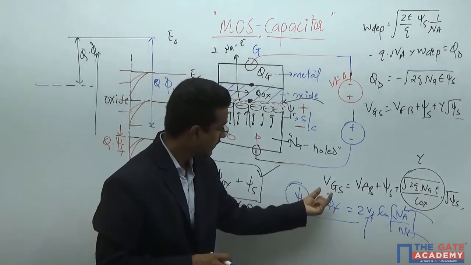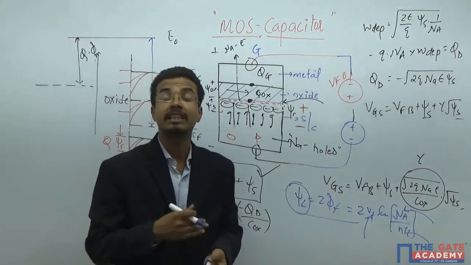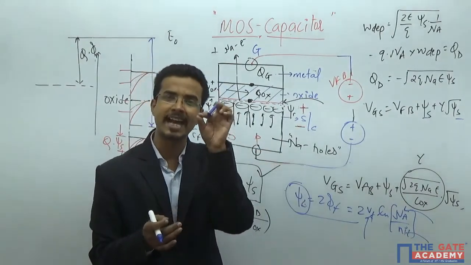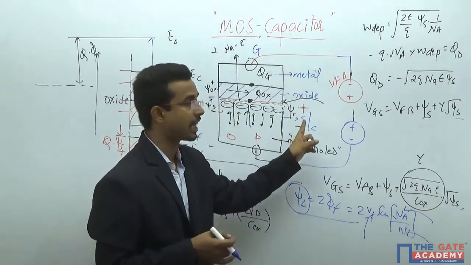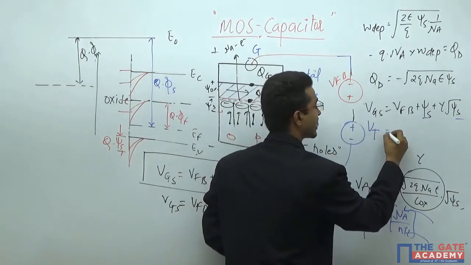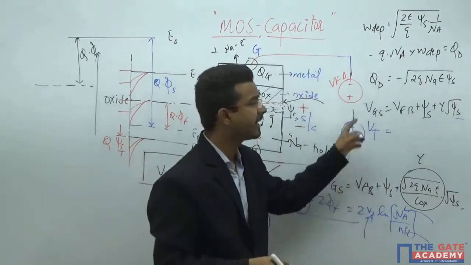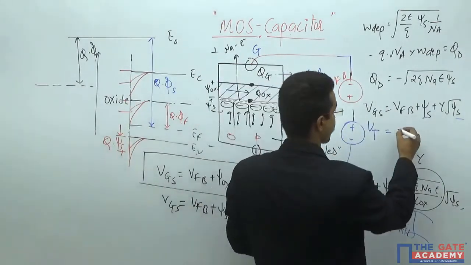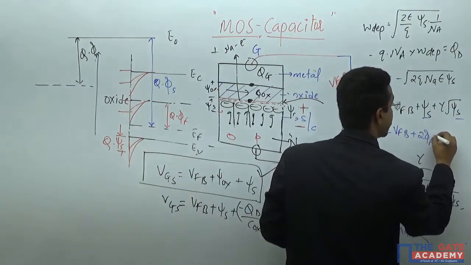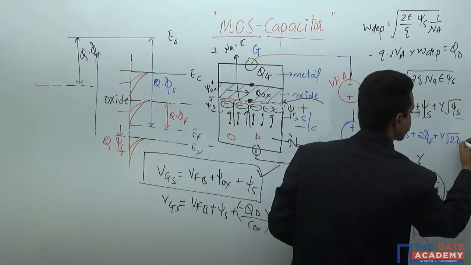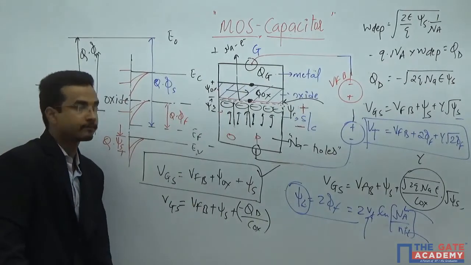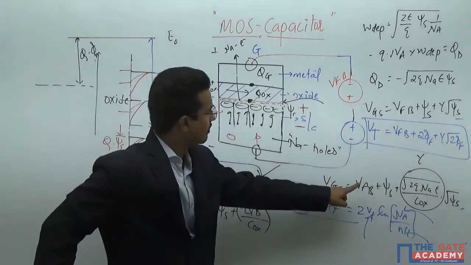Whenever you get psi S equals 2 phi F, that is the meaning of the onset of strong inversion. At least that much voltage is required to invert the channel. That voltage of VGS is known as VT, the threshold voltage, which you have studied many times in MOSFETs. VT equals VFB plus 2 phi F plus gamma times root over 2 phi F. This is the threshold voltage, and you can estimate it from here.